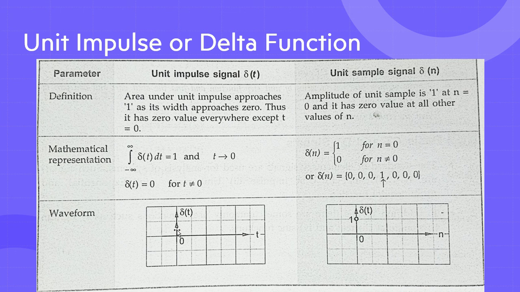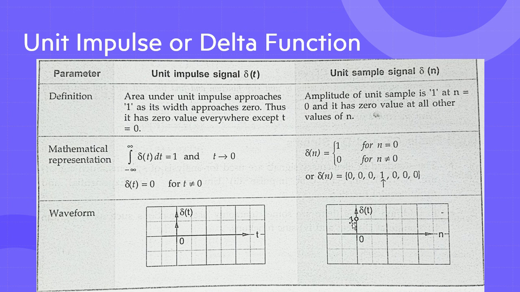Now let's see what happens with the unit sample signal, which is in discrete time. The amplitude of the unit sample is 1 at n equals 0, and it has value 0 at all other values of n. It is pretty easy and clear.